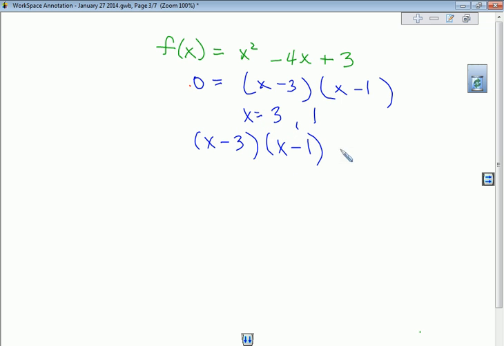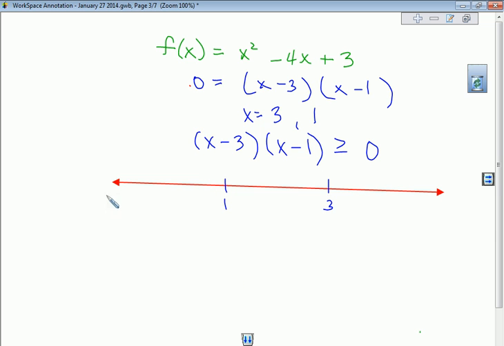And the first thing we're going to do is pretend like this is an inequality, and let's go through the steps of what we would do to find where it is greater than or equal to 0. Hopefully you remember this from the quadratic unit. We would do a sign chart, and we would take our x-axis and plot our critical values. What are the critical values for this polynomial function? 3 and 1.